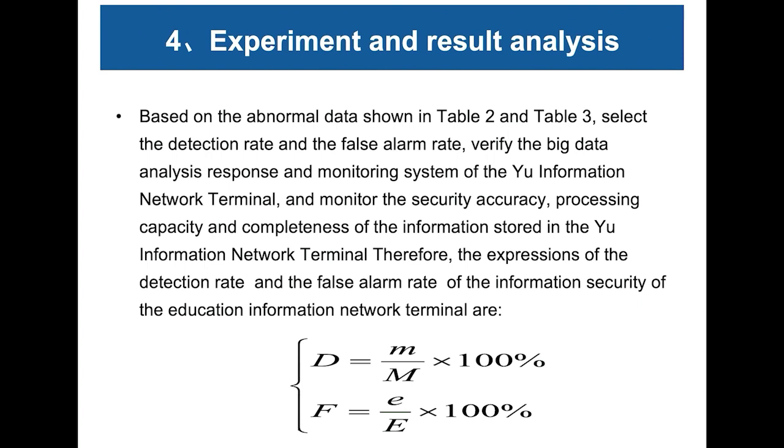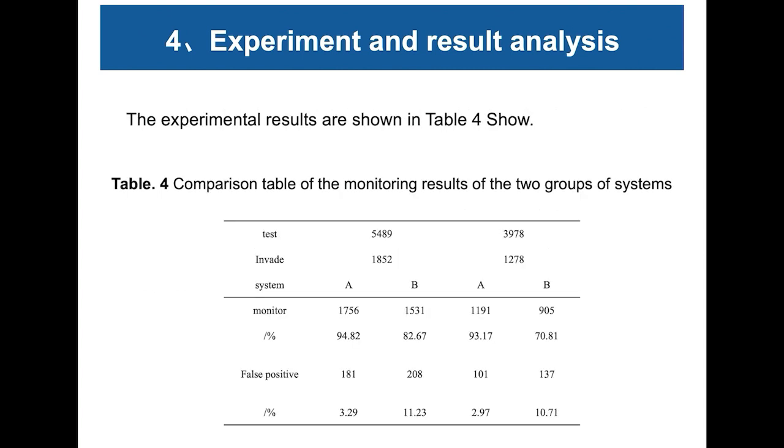Therefore, the expressions of the detection rate and the false alarm rate of the information security of the Education Information Network Terminal are as follows. The experimental results are shown in Table 4. Table 4. Comparison table of the monitoring results of the two groups of systems.